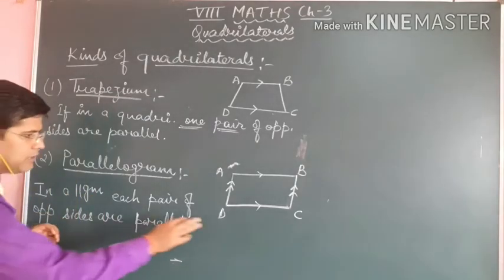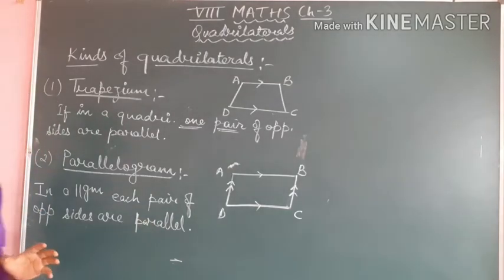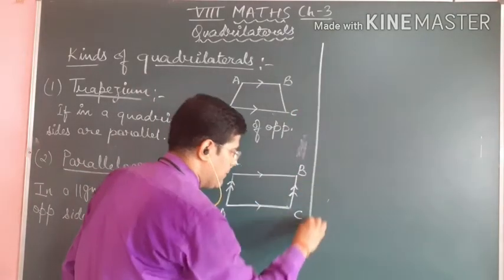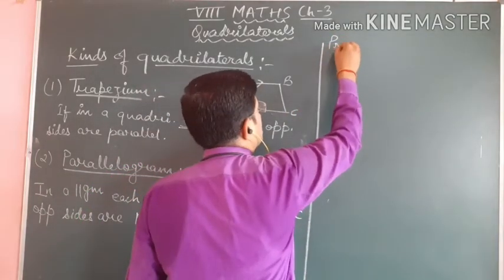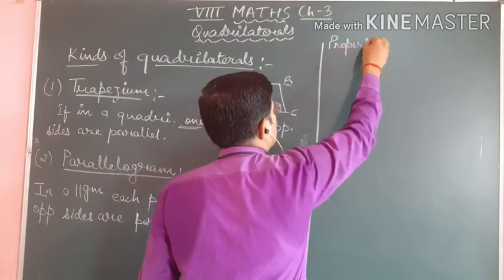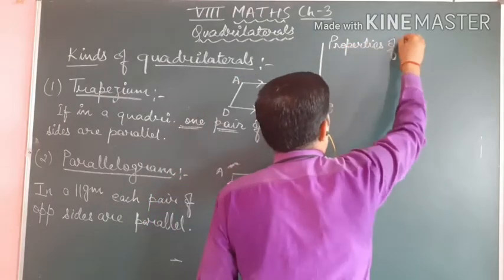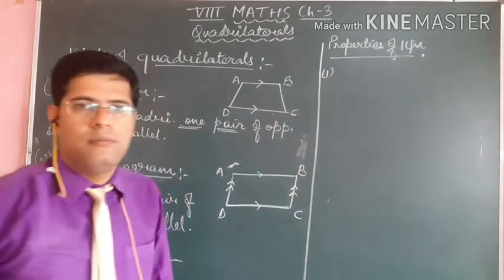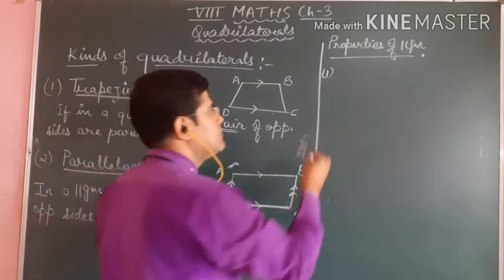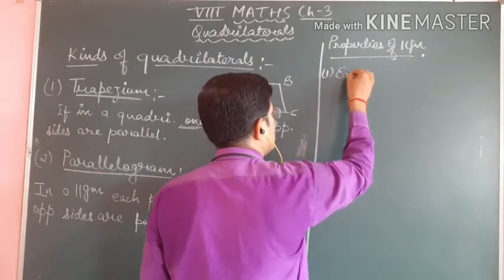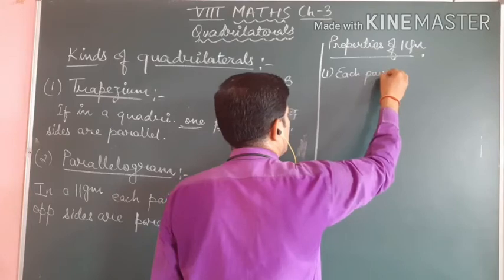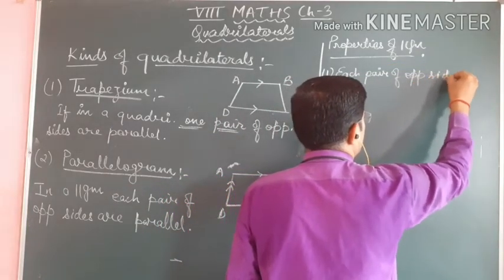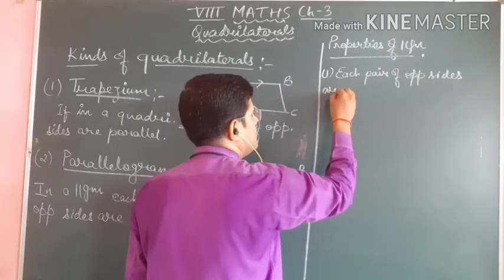So here the parallelogram definition ends, but I want to write all the properties of a parallelogram. Properties of parallelogram: it has four properties. The first one, each pair of opposite sides are equal.